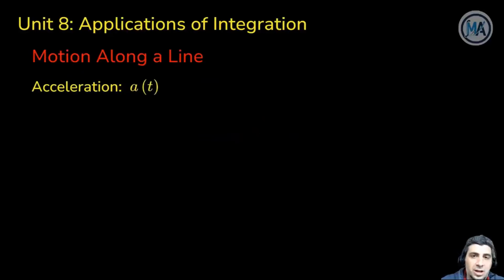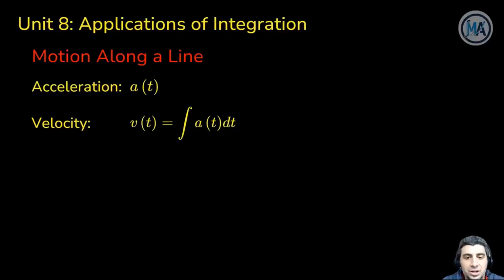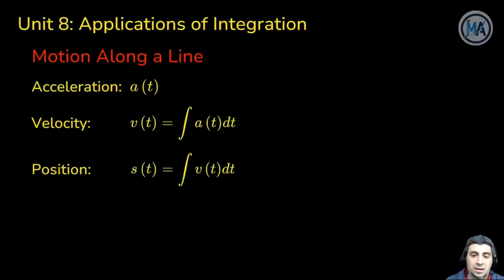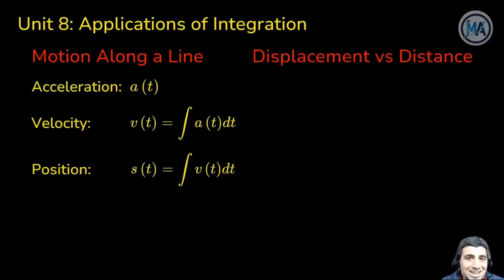So acceleration is notated with a of t, velocity is the antiderivative of acceleration, and position is the antiderivative of velocity. Some other things you're going to need to know is the distinction between displacement and total distance traveled.